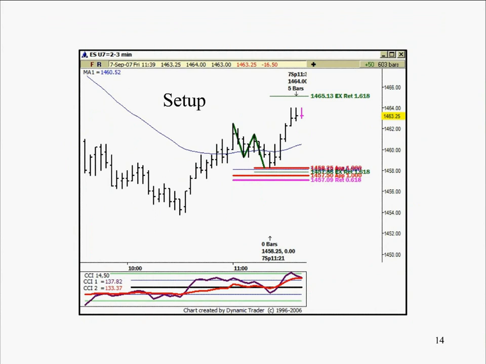This setup was actually a zigzag or 2-step pattern. With the 2-step pattern, we're looking at a zigzag that is correcting a prior swing. So in this case, we are correcting this prior low to high swing. Hopefully you can see the arrow. And there's the zigzag.